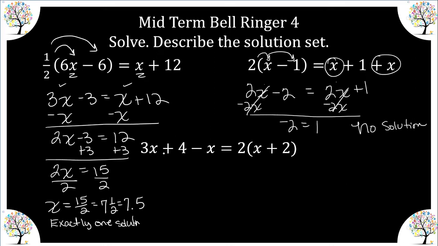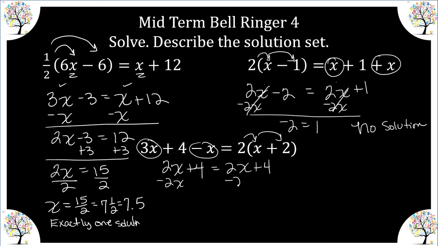In our last example, we need to combine like terms on the left, and then we'll distribute on the right. So 3x minus 1x is 2x plus 4 equals, and we distribute the 2, we get 2x plus 4. We're going to address the variables before we address the constants.